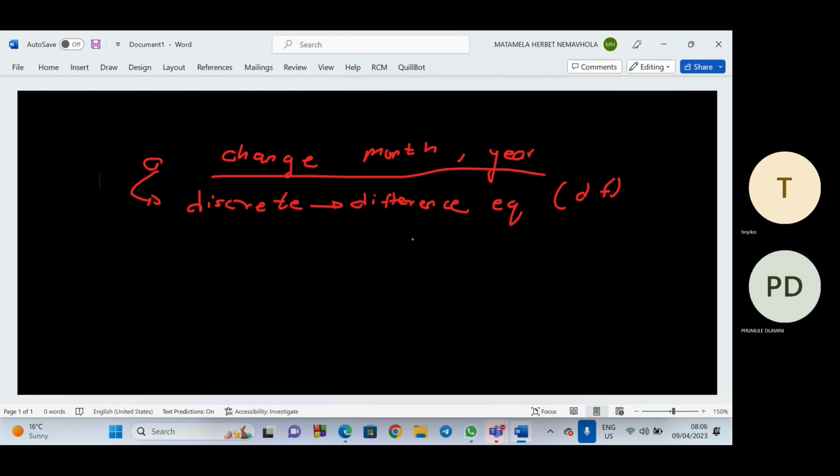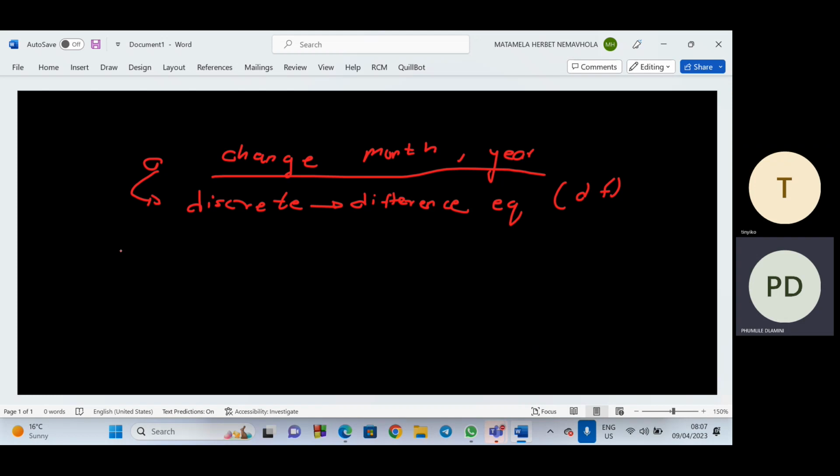Now, I will give an example based on a financial mathematics problem.